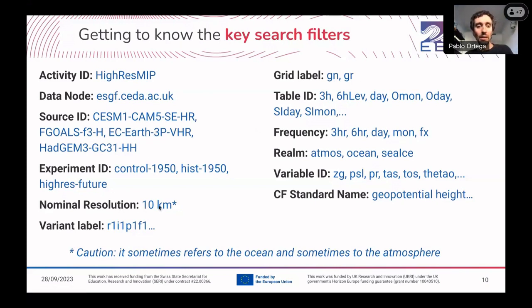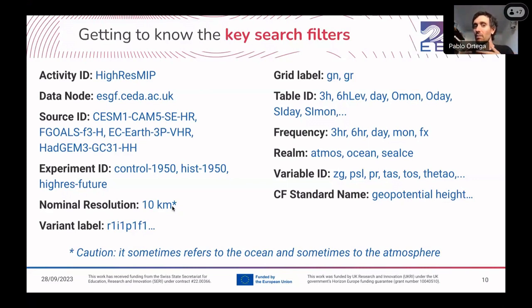Okay, this one has an asterisk because it might be useful, but not so much. It might be useful because it allows you to filter by the nominal resolution. And in the ocean, we know that around 10 kilometers is what defines the eddy-resolving regime. But it's not being well standardized.